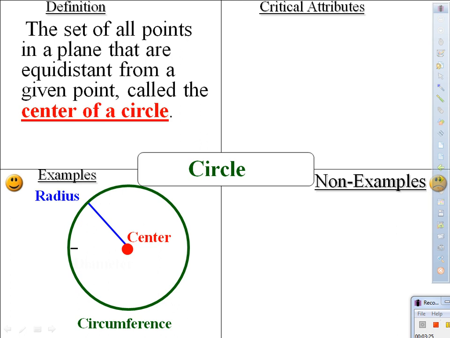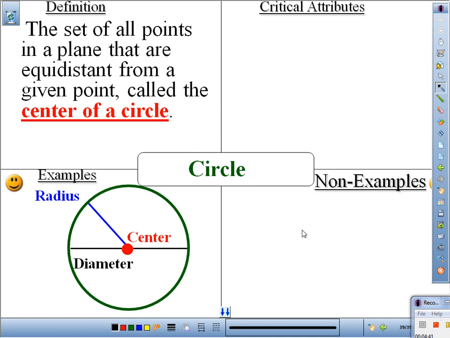So with that said, I want you to sketch a non-example, and one hashtag that will encompass what the circle is. Keep it to yourself. Just write it down.